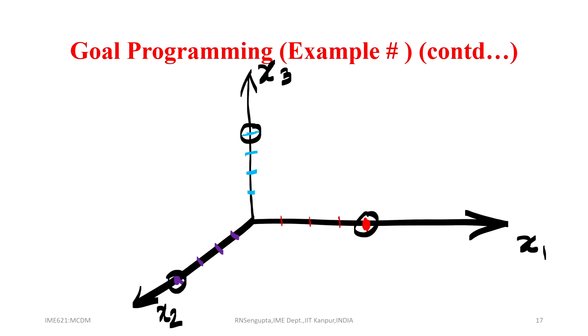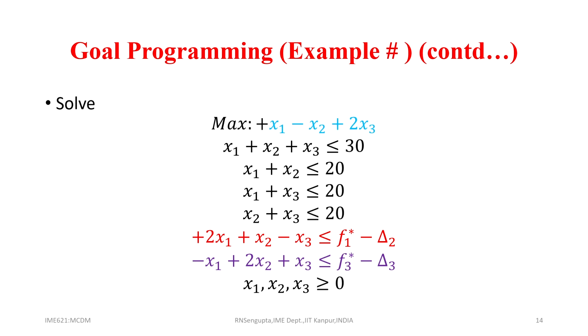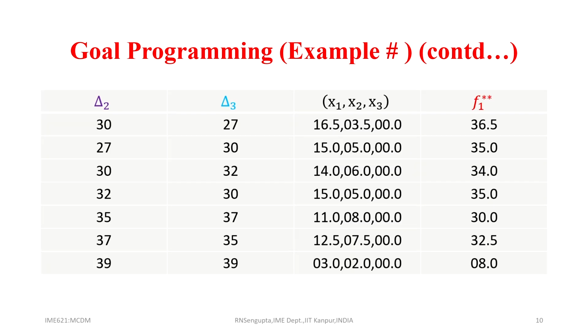Now, if I solve the problem and as given, let us go one by one. The value of the first objective, consider, say for example, consider this one. I will use the red color because objective function 1. So, I will use 37.5.